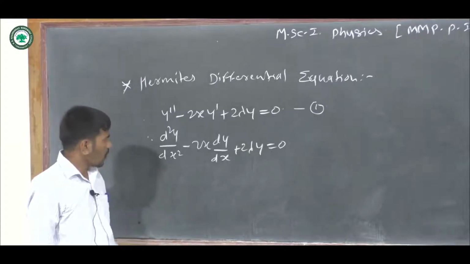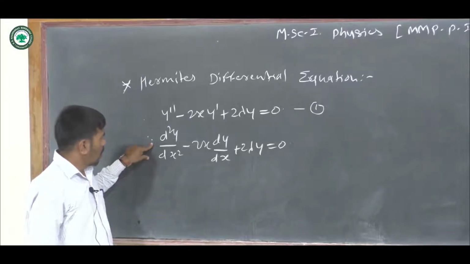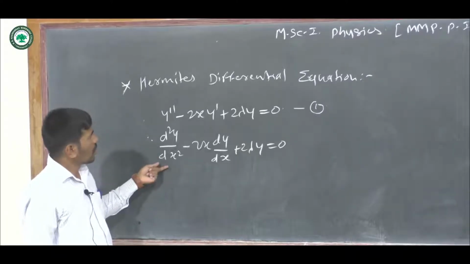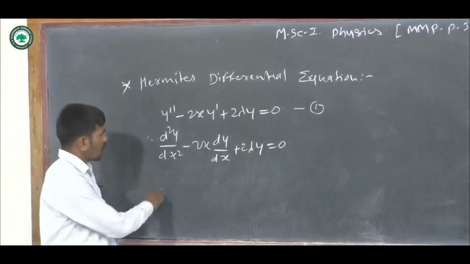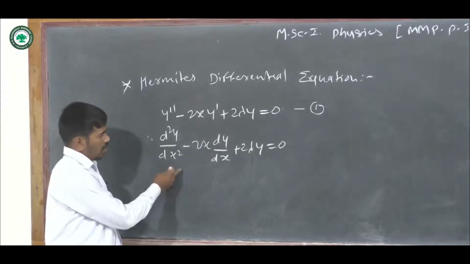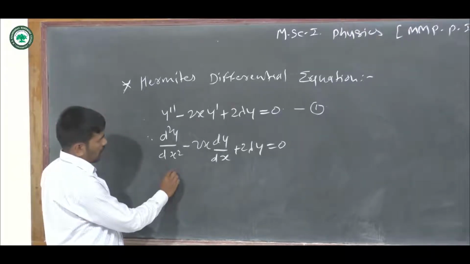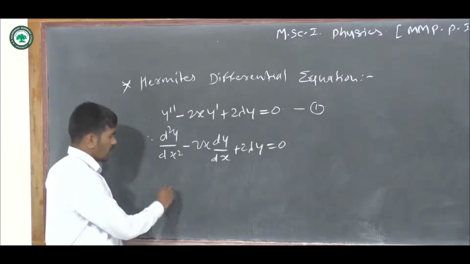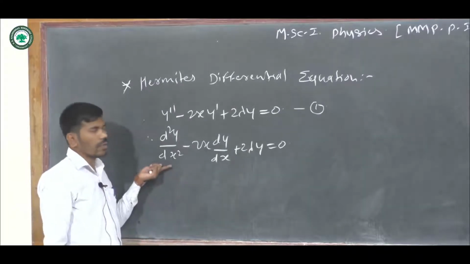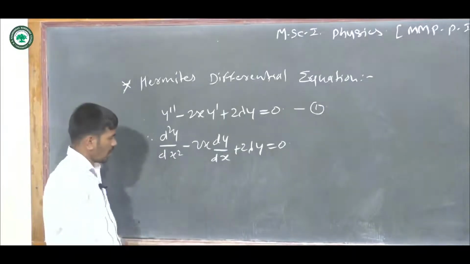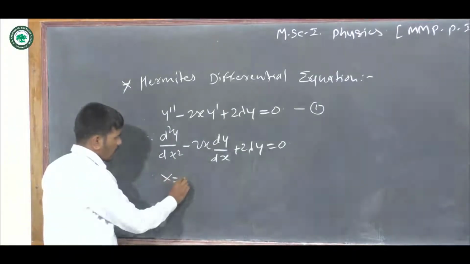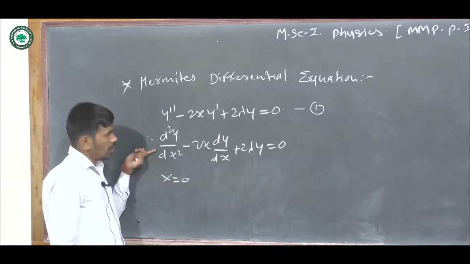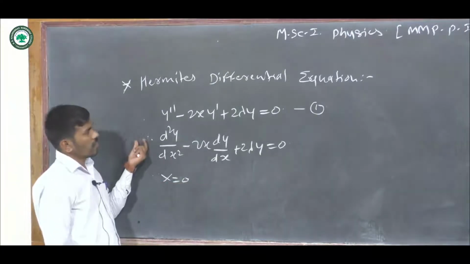Now, in order to find the series solution of this differential equation, we need to expand it around the point x is equal to 0, and we need to check the singularity of this differential equation. So x is equal to 0 is an ordinary point of this Hermite differential equation.